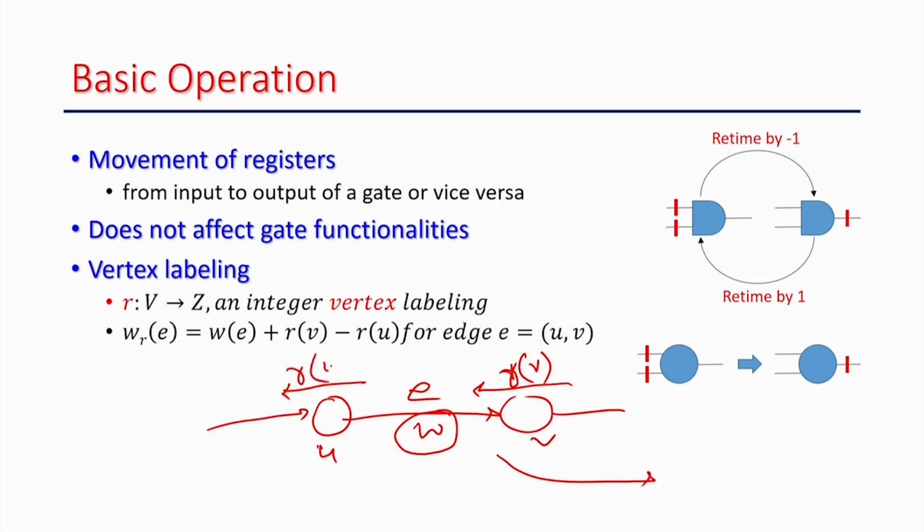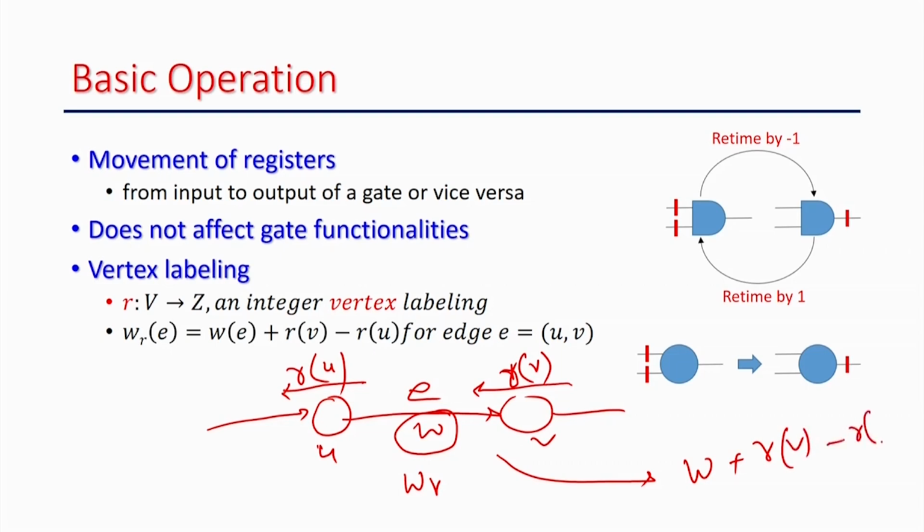So, this R for a node is the number of registers moved from the output side to the input side of that node. R V means the number of registers moved from the output side to the input side of node V. So, the final value of the registers W R after retiming will be W plus R V, because that is coming in, and minus R U, because that is going out.